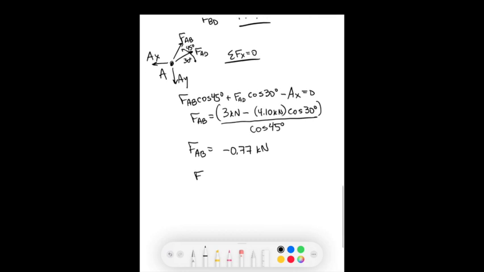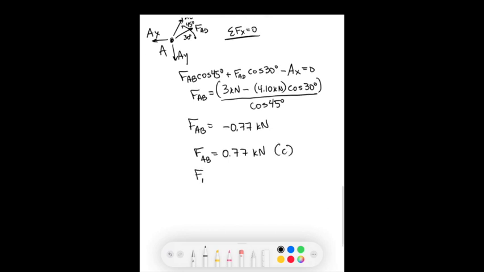So the last thing we want to do is write out all our answers. Force AB is equal to 0.77 kilonewtons, and that's in compression. Force AD, that's in tension.